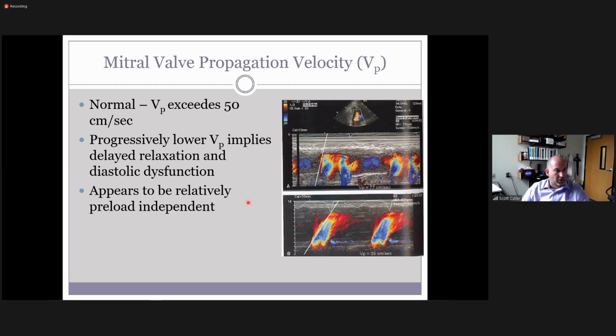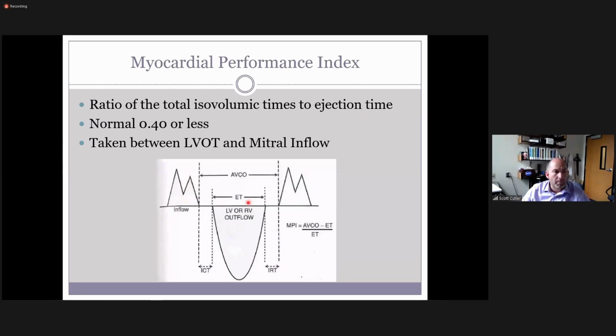All right, enough said on that. Myocardial performance index. This is just how well it's performing, and we're going to take into consideration the overall time. We're going to compare the IVCT and the IVRT to the actual outflow, or the ET, which is ejection time.